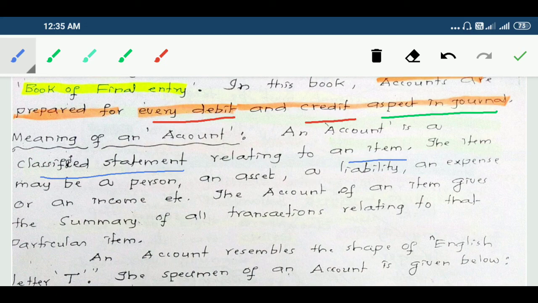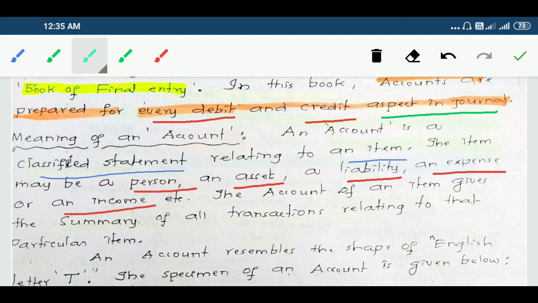The item may be a person or an asset, a liability, an expense, or an income, etc. The account of an item gives the summary of all transactions relating to that particular item.